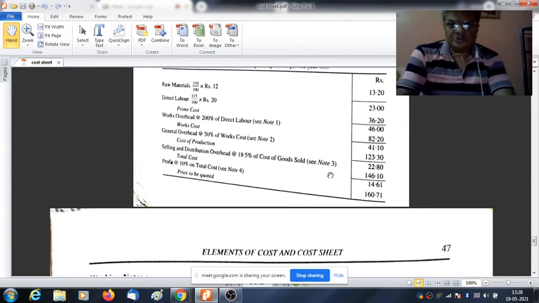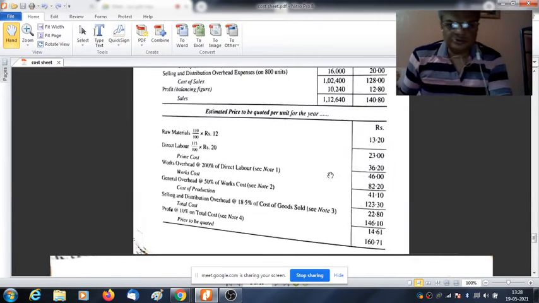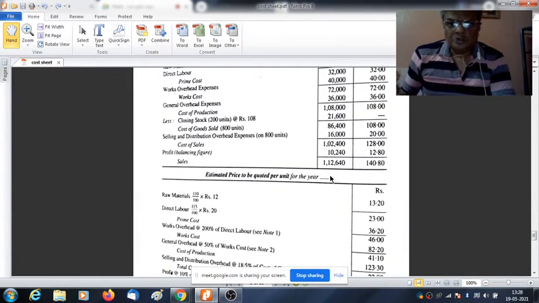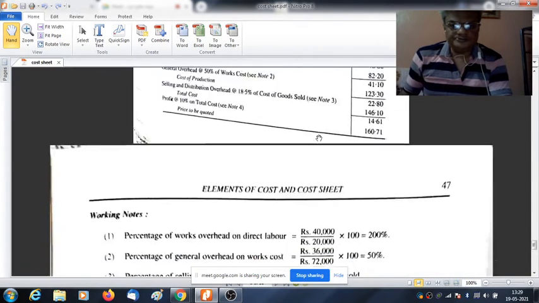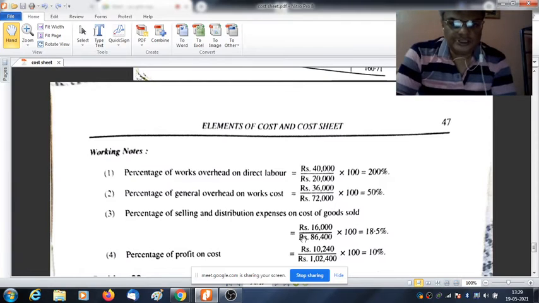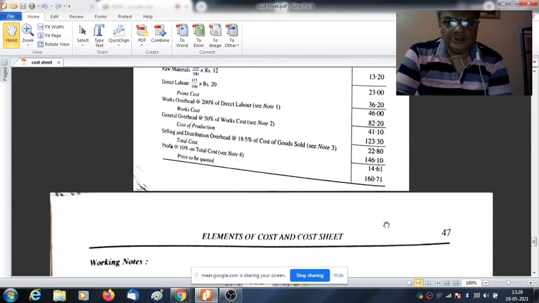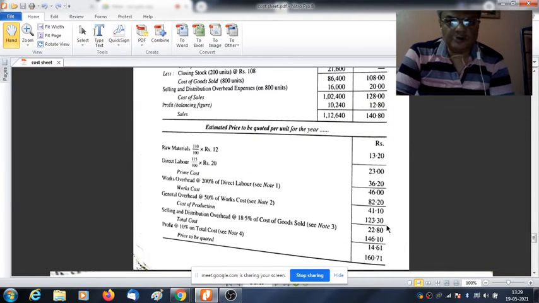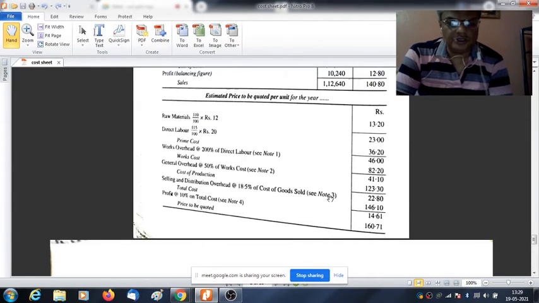Cost of goods sold is given as 86,400. So it is coming 18.5. And the profit, how much is the profit coming? Profit is coming as 10,240.